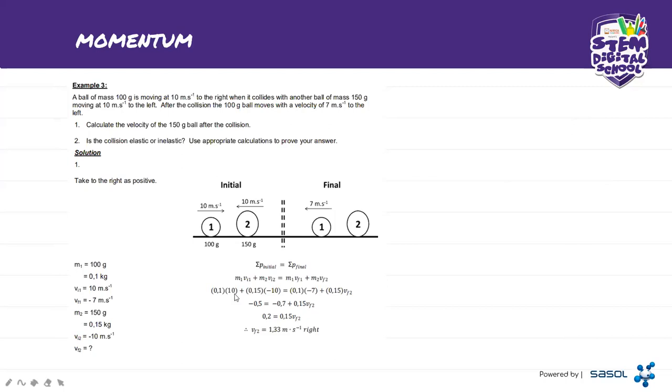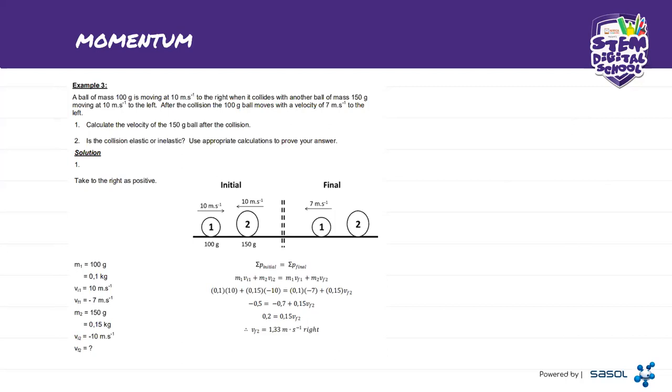Okay. And also, we need to choose which direction is going to be positive. In this case, they've chosen right to be positive, which means this one is negative. Very important that you never forget to choose a direction, because if you don't, you're going to end up writing 10 here and 10 here without changing the sign. And once again, everything is going to be wrong.